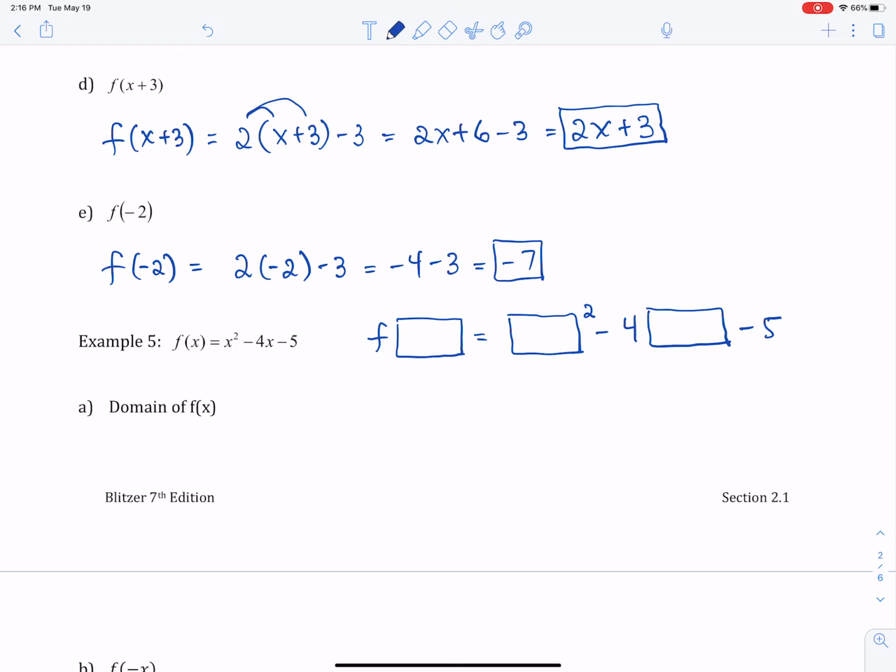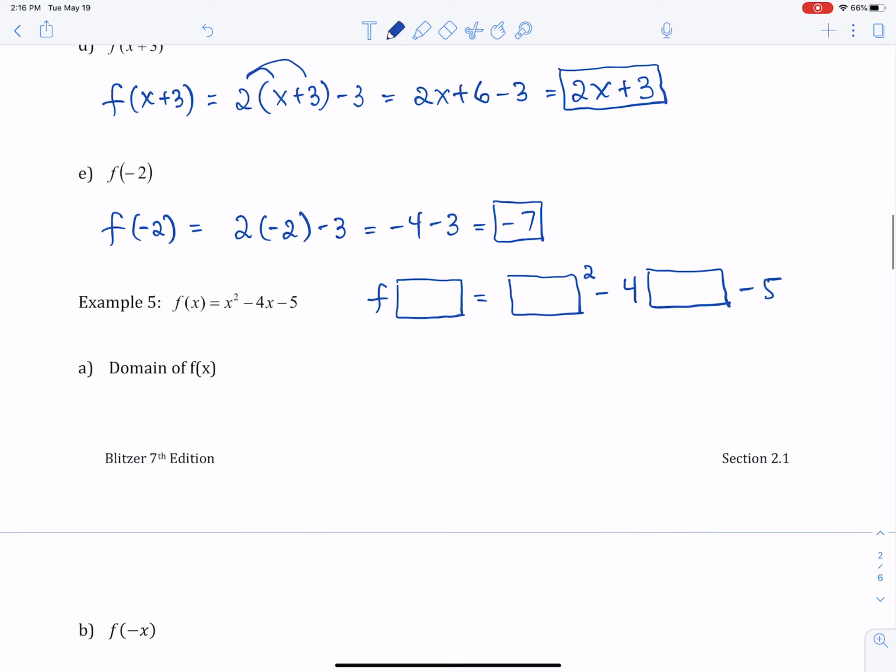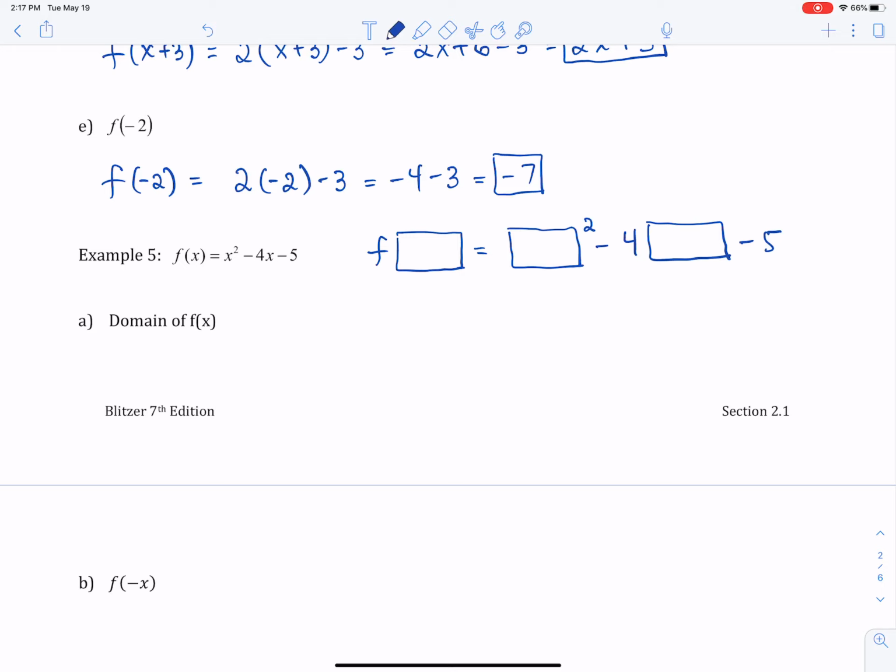So that's the machine, that's how this function looks. Notice that again in this example, whatever value I decide to plug in for x, I would always have a solution, because every number can be squared, every number can be subtracted or added or multiplied by 4 or taken 5 off of. So the domain again is going to be from negative infinity to positive infinity.